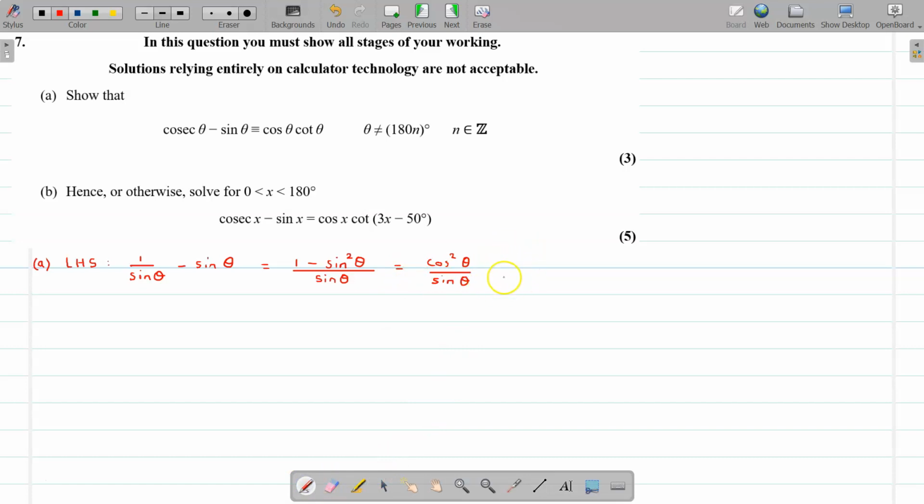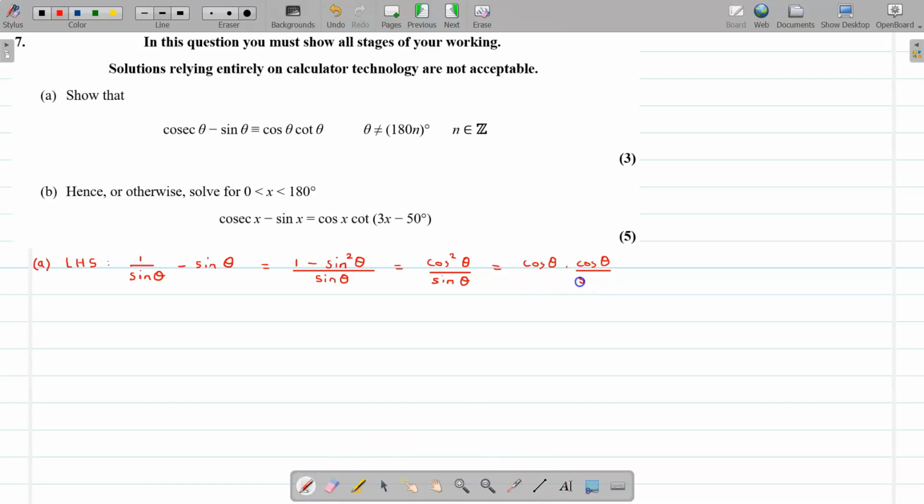And I'm going to split the cos squared up into cos theta times cos theta over sine theta. Okay, in other words, I'm starting to make this look like the result on the right, and I'm just putting the sine theta underneath this part.